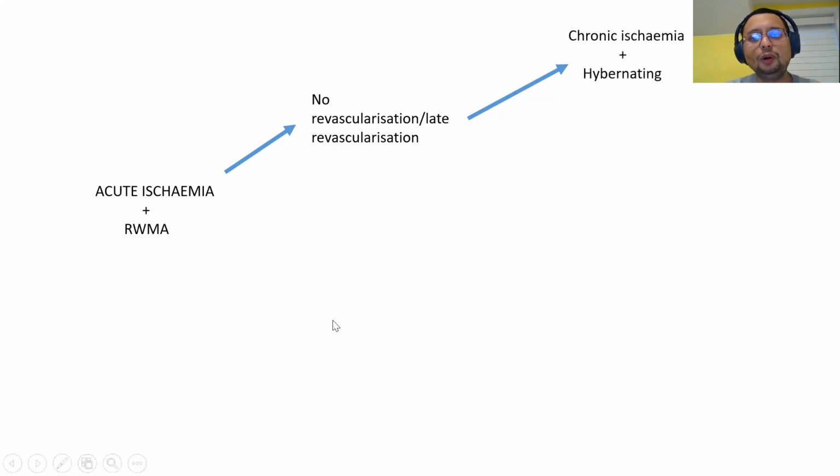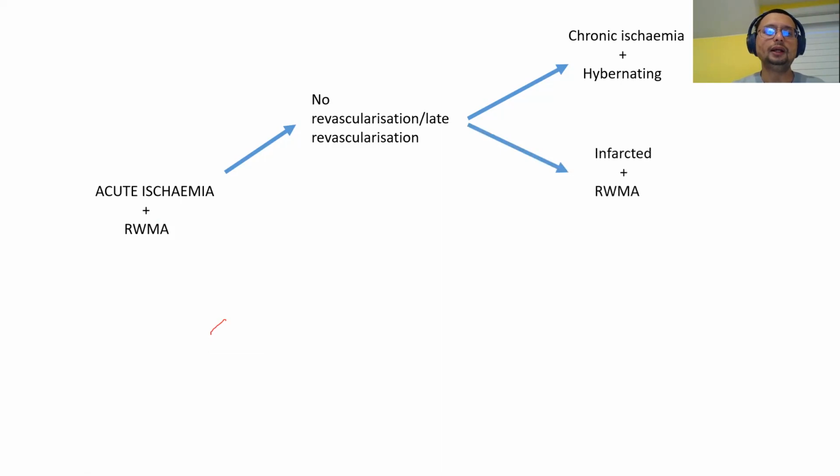Okay, so number one, this can become chronic ischemia and the patient can hibernate their left ventricular wall. So one of the differential diagnoses of chronic hypokinesia is hibernating myocardium.